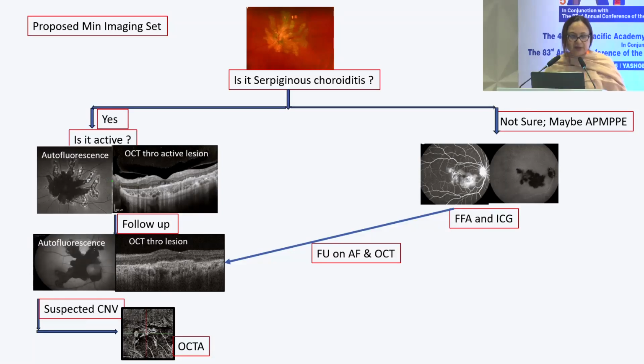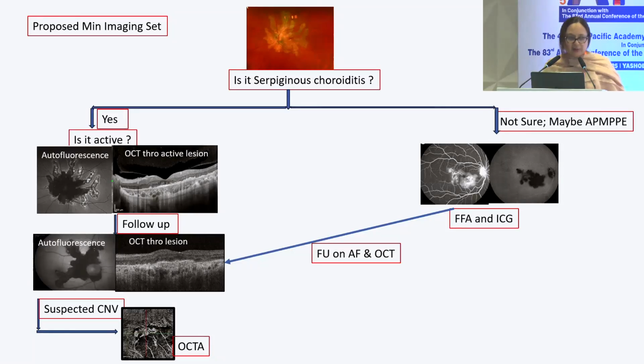You look at the OCT through the active lesion, which shows hyperreflectivity in the outer retina, again indicative of an active lesion. This is the autofluorescence of inactive, which is totally dark, and this is during the follow-up. You can see this hyperreflectivity in the outer retina is gone, and what you have is a kind of scar. This is inactive. So you do not need any invasive investigation.